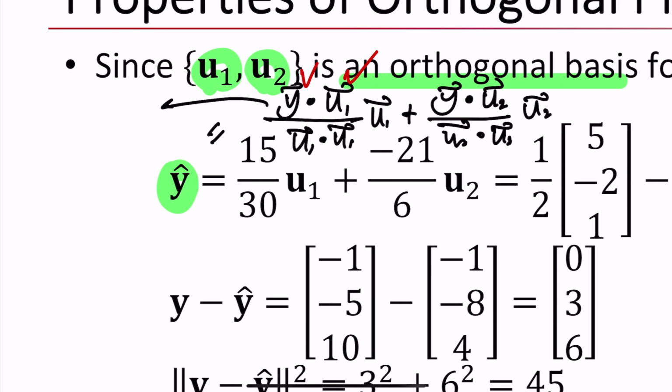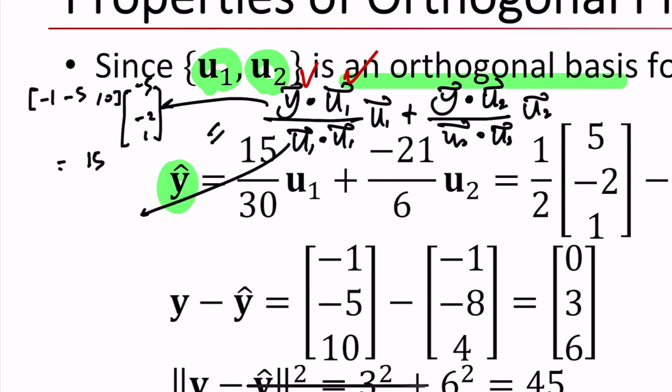How? So y was -1, -5, 10, and u1 was -5, -2, 1. Then it's going to be 15. Then this one, -5, -2, 1 times -5, -2, 1, is going to be 30.